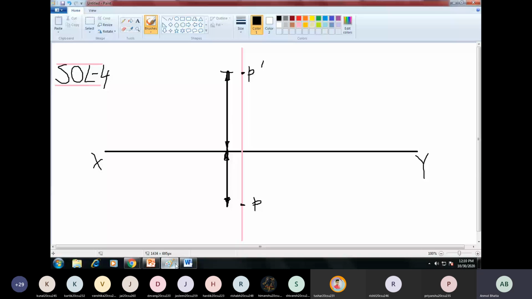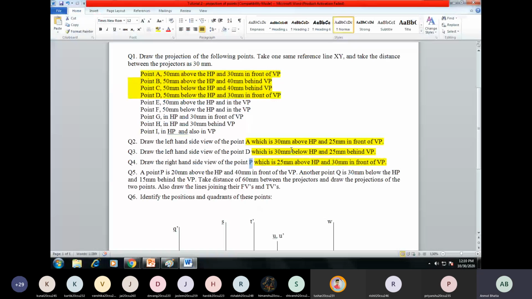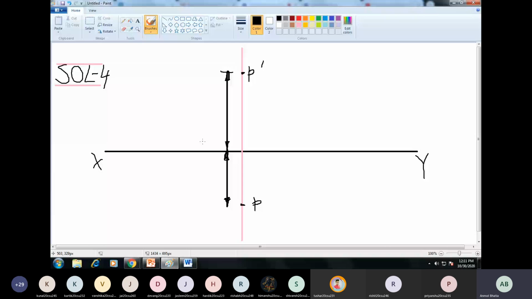So what is the distance of this front view? 25, because it is linked with HP. And what is the distance of the top view? It is 30, because it is linked with VP. So for front view, we'll mention 25. And for top view, what do you mention? 30. Right? Any doubts till this point? Anyone? No, sir. You have repeated so many times. Yes, this procedure I have repeated so many times.